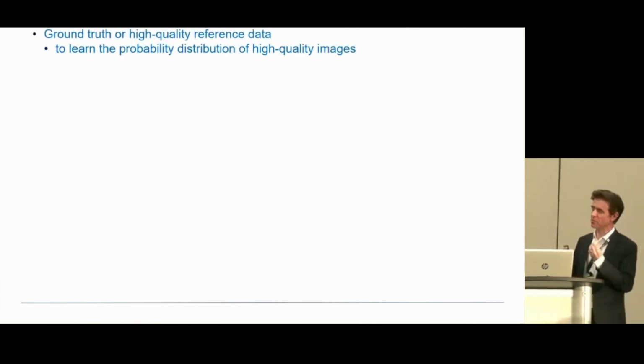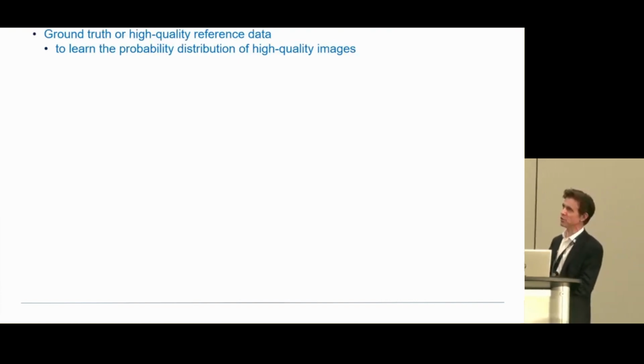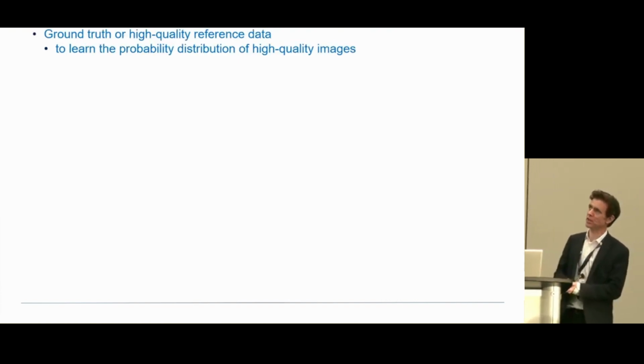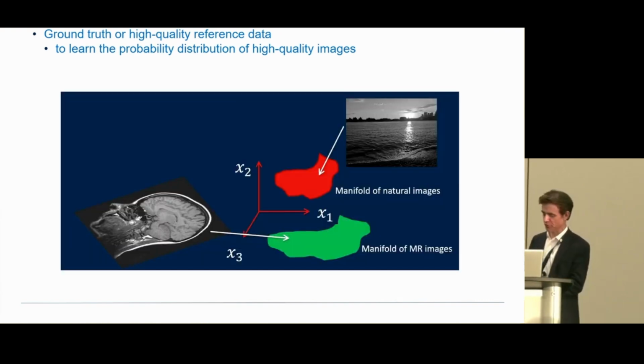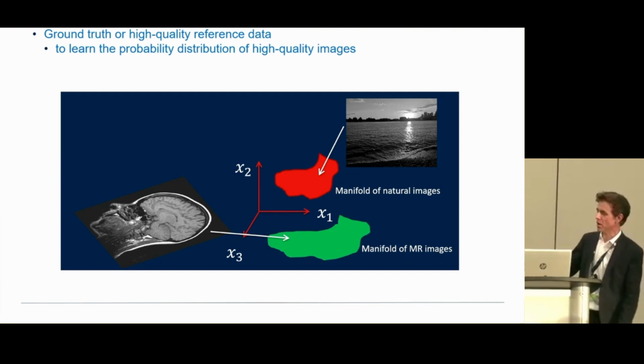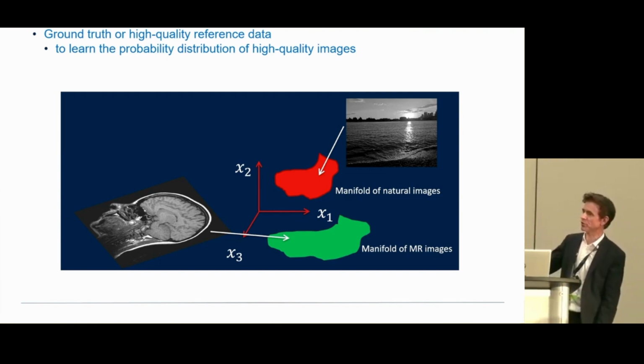So to understand what that P of X would look like from a deep learning perspective, it's really important to understand the concept of manifolds. I've shown a very simple example here of a manifold. Imagine we've got MR images over here, and if you could just imagine that only having 3 pixel values, then we'd have a 3-dimensional vector space with pixel values x1, x2, x3, and all the conceivable T1 weighted MR images would occupy a kind of manifold part of that vector space.